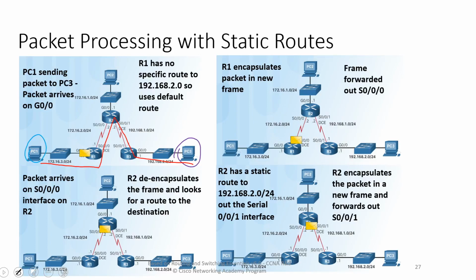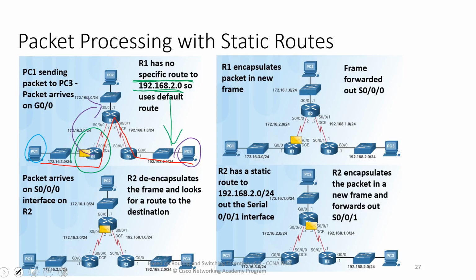When we take router 1, we identify that router 1 doesn't have a specific route to this network, the network of PC3. Router 1 doesn't have any routing entries to that. Because of that, it will choose its default route to router 2.